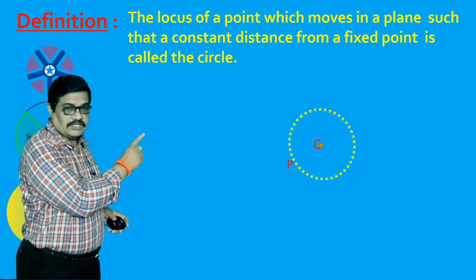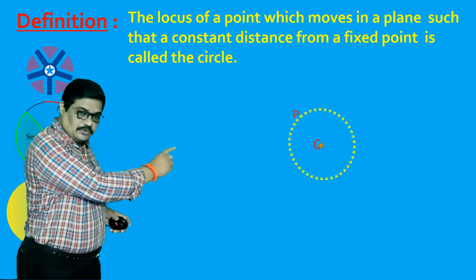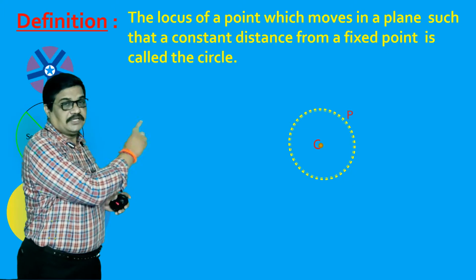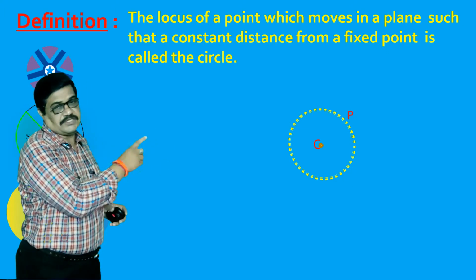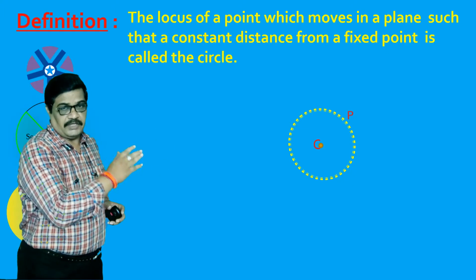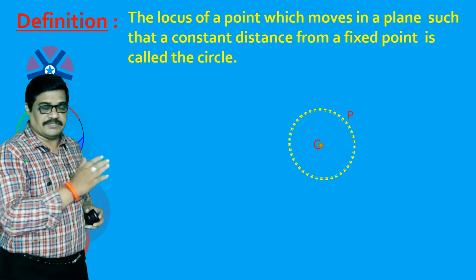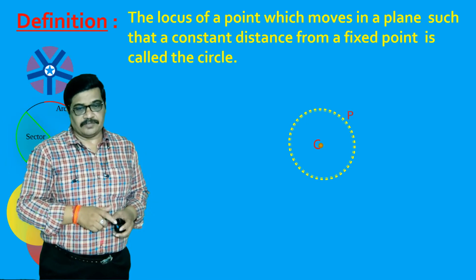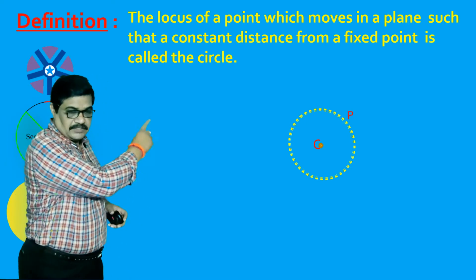The locus of a point which moves in a plane such that it is at a constant distance from a fixed point, that locus forms a circle. So see the diagram. This is our circle.